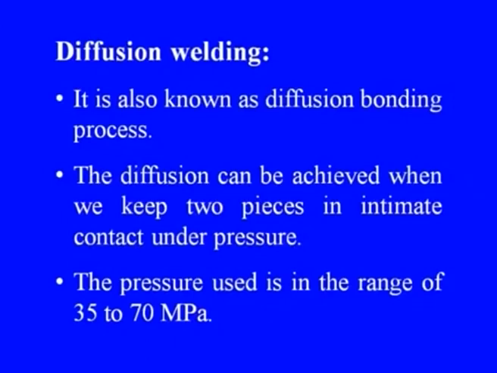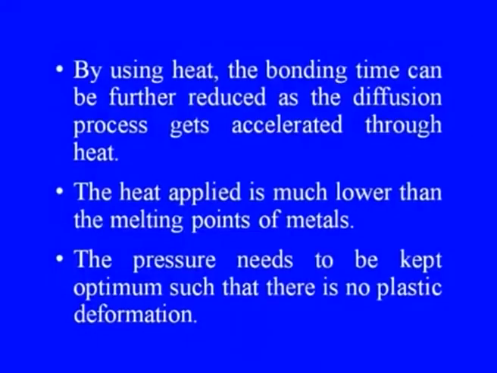The pressure used is in the range of 35 to 70 megapascal. By using heat, the bonding time can be further reduced as the diffusion process gets accelerated through heat. The heat applied is much lower than the melting points of the metals.